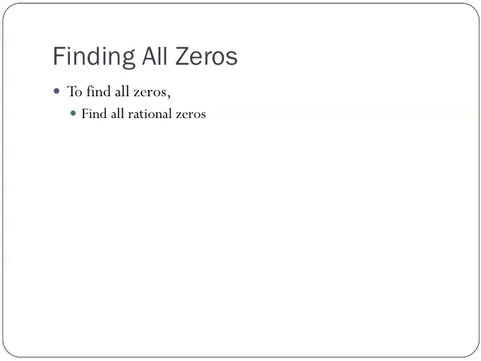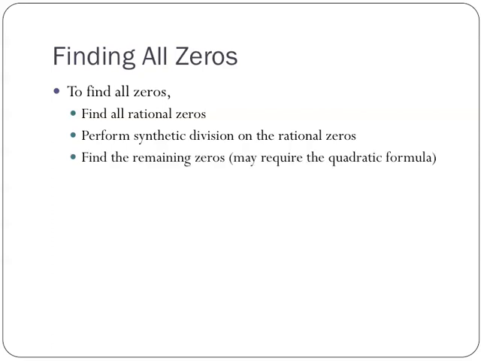And then once you find all of the actual zeros, then you are going to perform synthetic division with those zeros. Once you find that, you are going to take whatever quotient you have remaining and find any remaining zeros there may be. So it might require you using the quadratic formula.